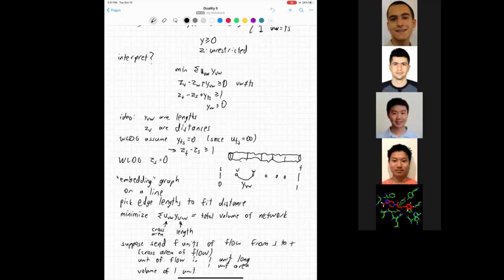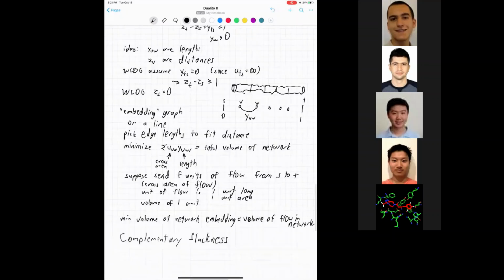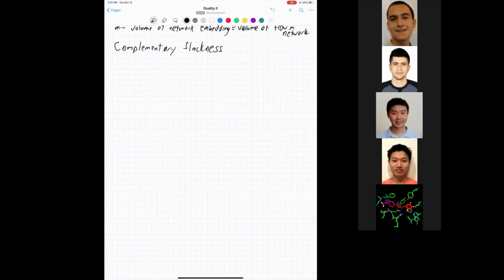Right, thanks. Okay, so coming back to complementary slackness for a minute. Suppose that we are given feasible solutions, and I'm going to go back to our original notation now, X and Y for my primal and dual linear programs.